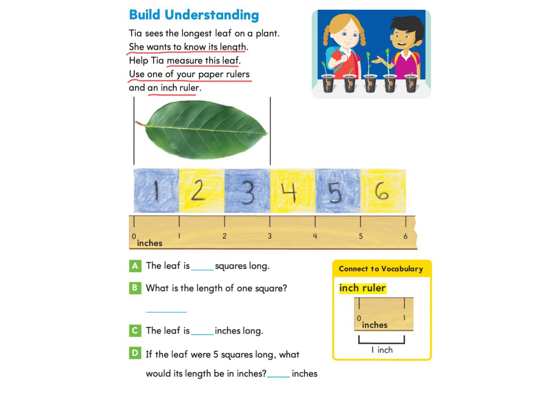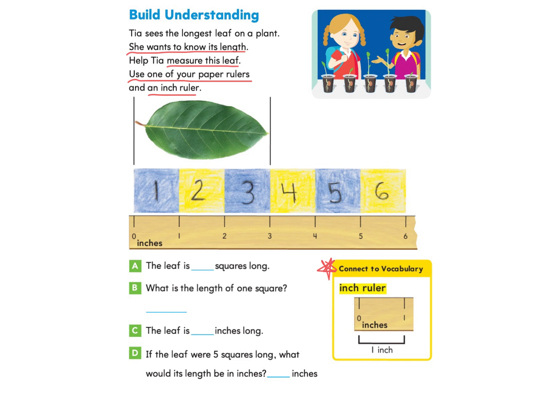And let's take a look at the connected vocabulary. We can see a picture of the inch ruler, showing that right here is the line where it starts, and then we go over, and here's the line where it stops, and that equals 1 inch. So even though the ruler starts here, we actually measure where the line starts.